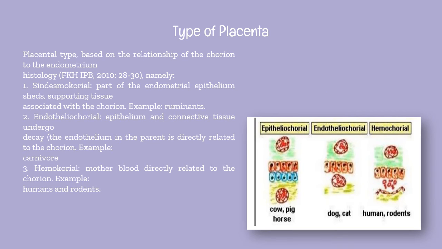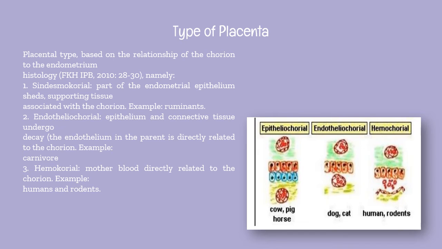Types of placenta based on the relationship of the chorion to the endometrium, histologically. The first is syndesmochorial, where part of the endometrial epithelium sheath and supporting tissue is associated with the chorion, for example in ruminants.